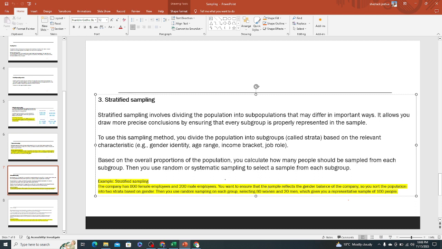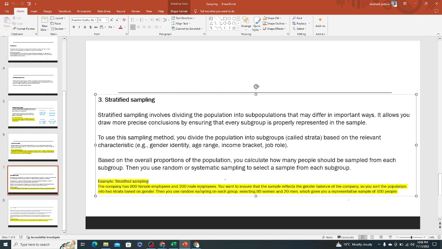So in this case we've grouped these people into two strata, females and males. You want to ensure that the sample reflects the gender balance of the company, so you sort the population into two strata based on gender.